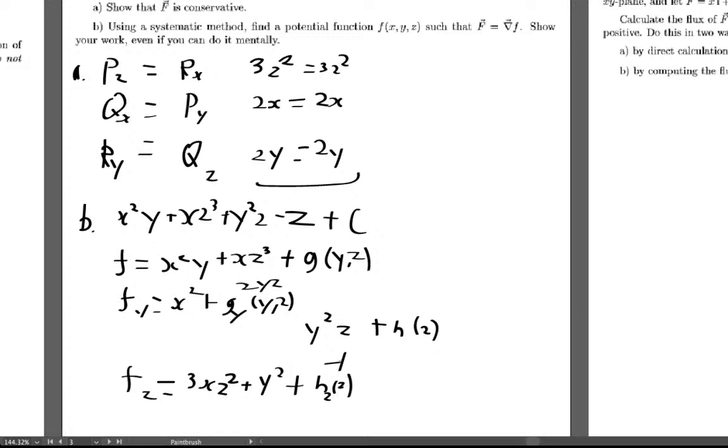Therefore, I know what h is. It's going to be minus z plus a constant, which is the answer. So that's how I actually write this down. But yeah, this is not really a fully founded one.